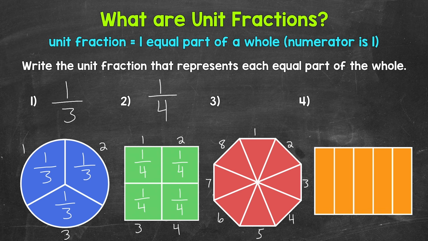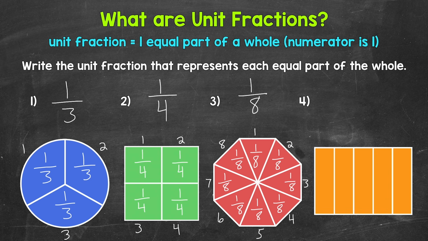So our unit fraction here is 1/8. This equal part is 1/8 of the whole. This is 1/8 of the whole. This is 1/8, and so on, for all eight parts. So 1/8 is the unit fraction that represents each equal part of the whole.